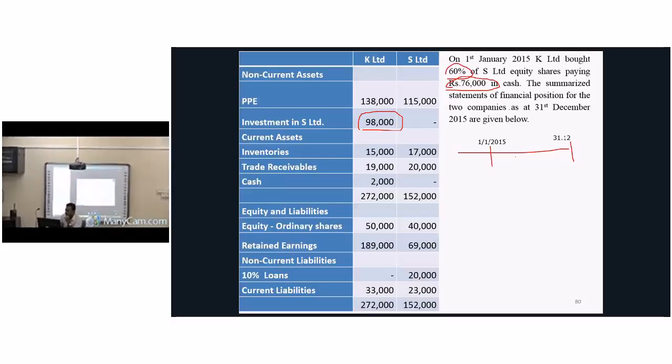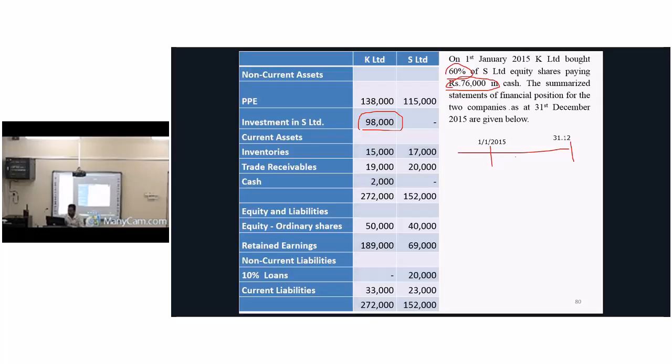Investment on that date, straight away I can record into cost of control. This is my cost of control. This is my consolidated retained earnings. This is my NCI account. This is my subsidiary's retained earnings account. These are the accounts I have. Then the first entry about investment, it's 76.